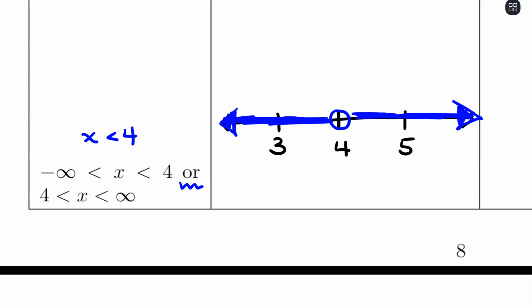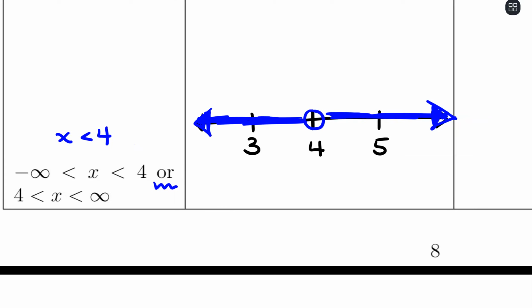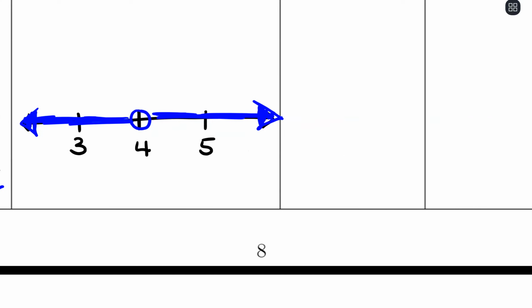But let's talk about the interval notation first. So with this one, we're going from negative infinity to positive 4. And I want to use the curved parentheses here because we'll always use curved parentheses with infinity. Also, we don't want to include 4, so we'll use curved parentheses there.